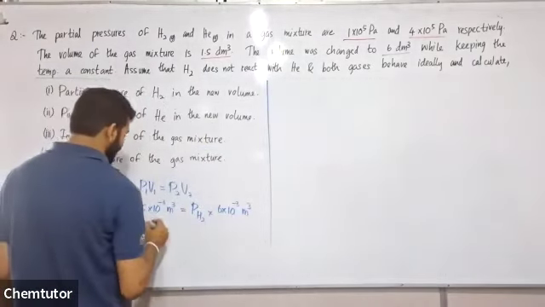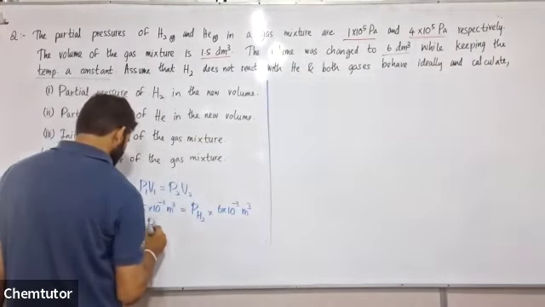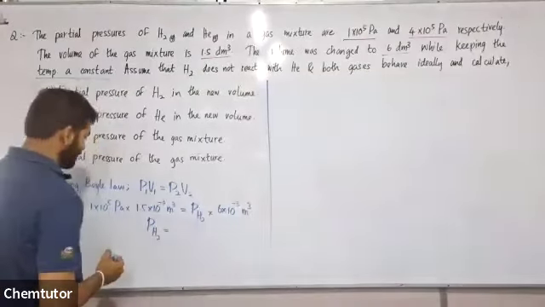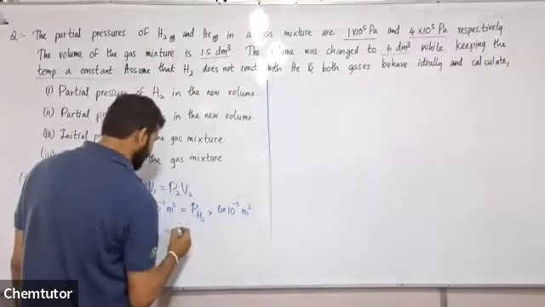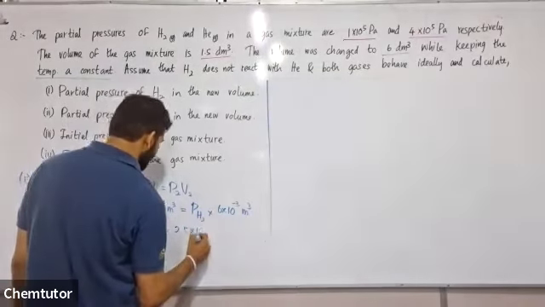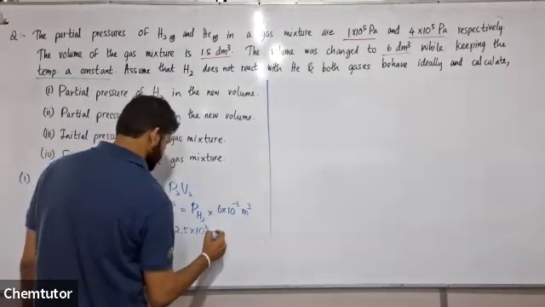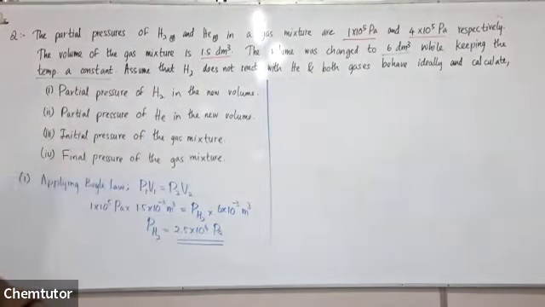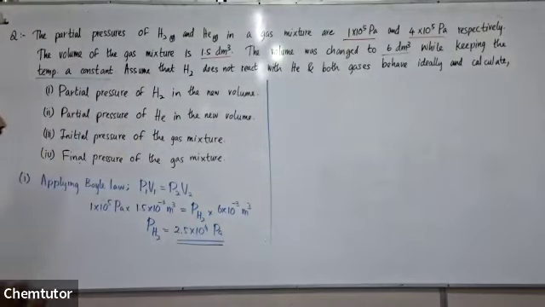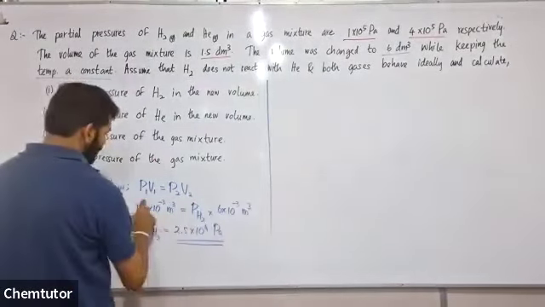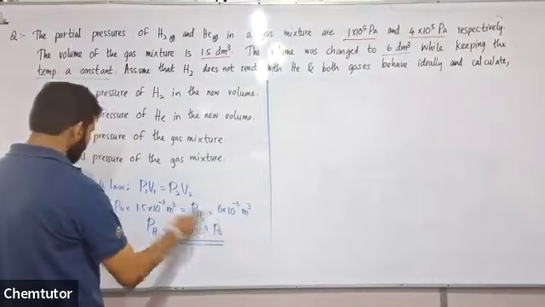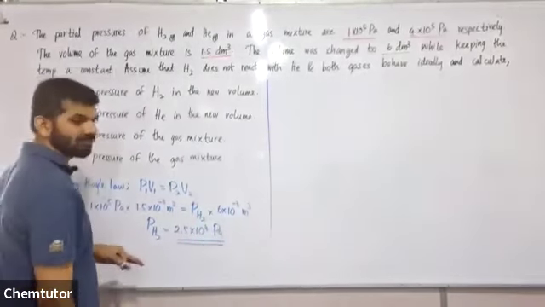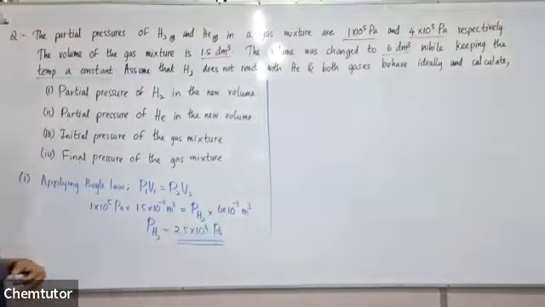Then pH2 is 2.5 into 10 to the power 4. The 10 to the power minus 3 gets cancelled off. 1.5 and 6 gives a factor of 4, so we divide by 4. 10 divided by 4 is 2.5, that is 2.5 into 10 to the power 4.